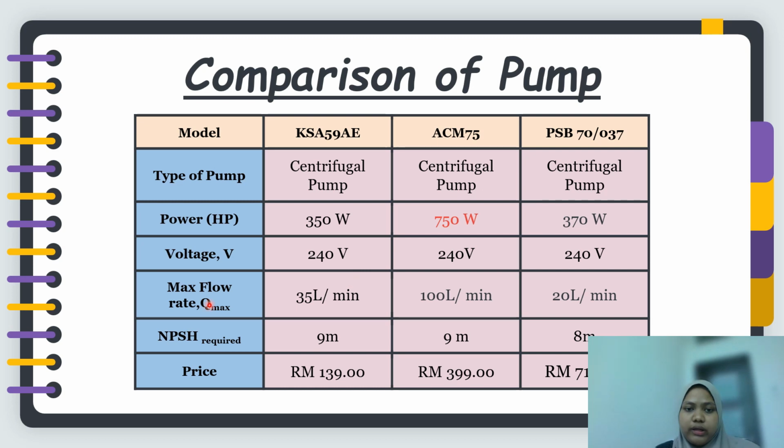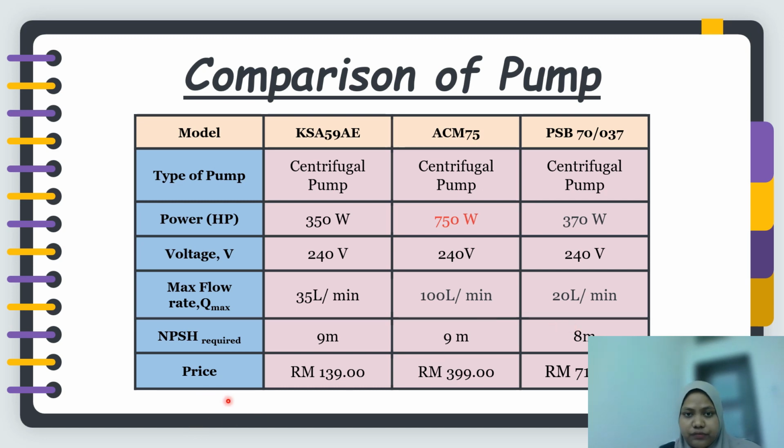And for the maximum flow rate, the second model has the highest maximum flow rate, which is 100 liters per minute, while the third model has the lowest, which is 220 liters per minute. For the NPSH required, the first and second models have the same value, which is 9, and the third model has 8.